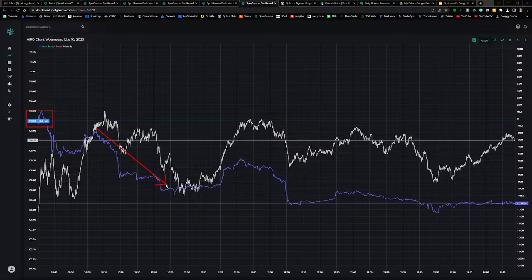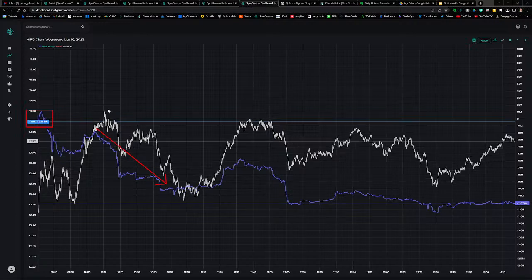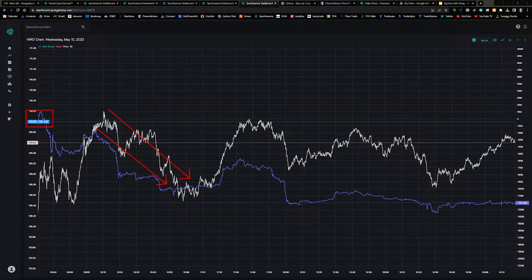Hero starts falling, and price follows just a few minutes later. And note for the day, Hero has now remained negative. All right, so that's Amazon.